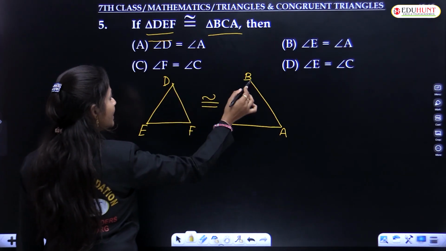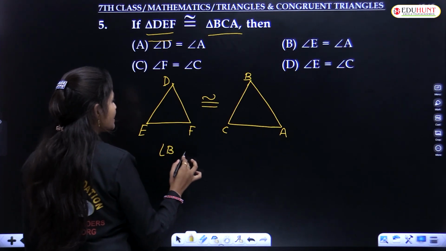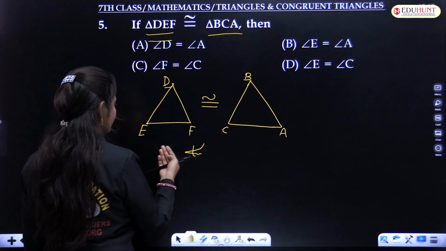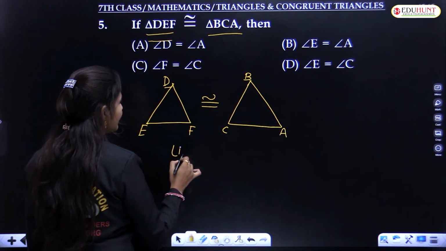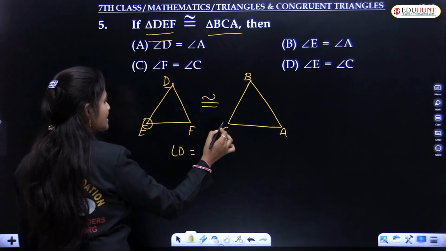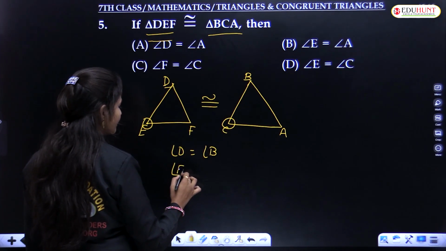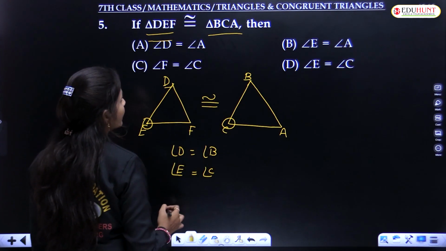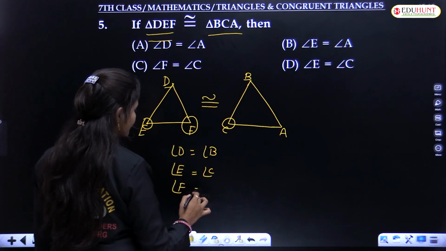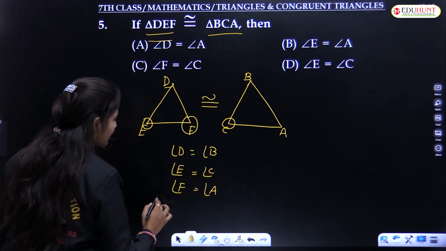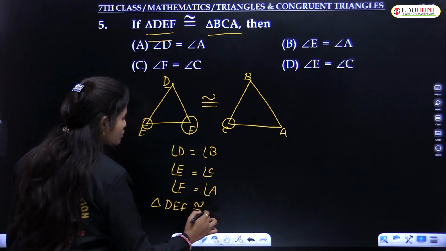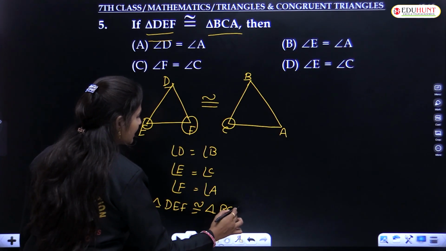So here the corresponding angles are: angle D is equal to angle B, and angle E is equal to angle C. Next, angle F is equal to angle A. Then only we can say that triangle DEF is congruent to triangle BCA.